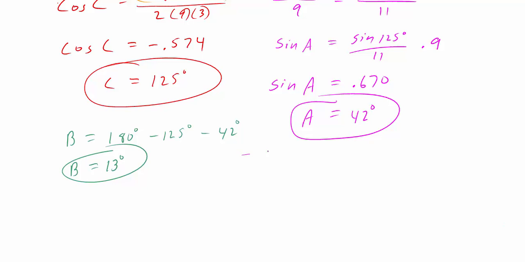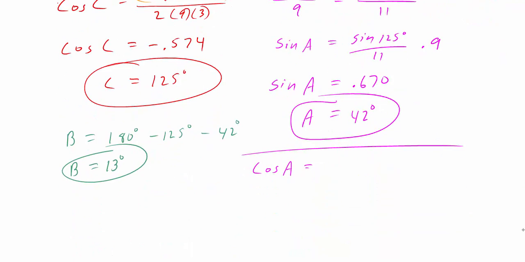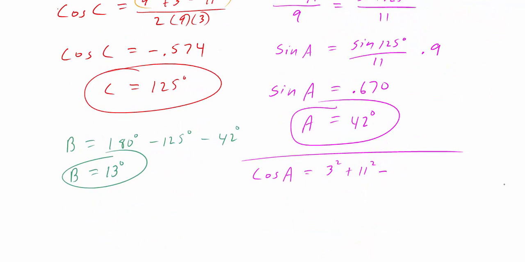Using the law of cosines, we would say the cosine of A, and if we're looking for A, then we're going to use B and C, so it'd be B squared plus C squared. That means we would end up with 3 squared plus 11 squared minus the side opposite, which is A, so that's 9 squared.